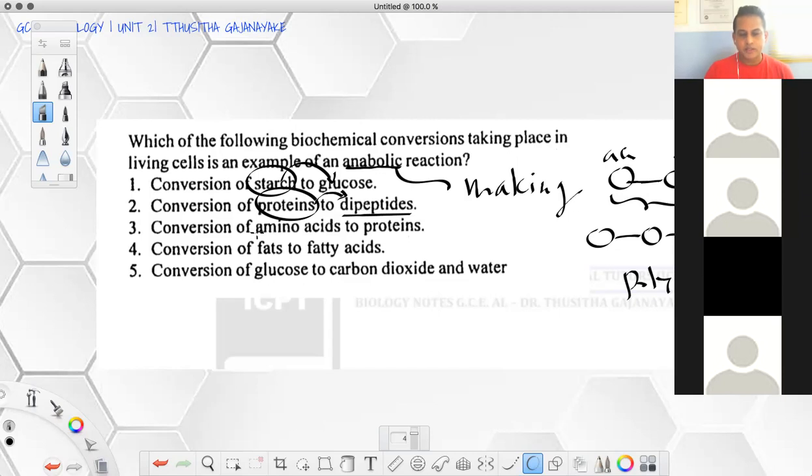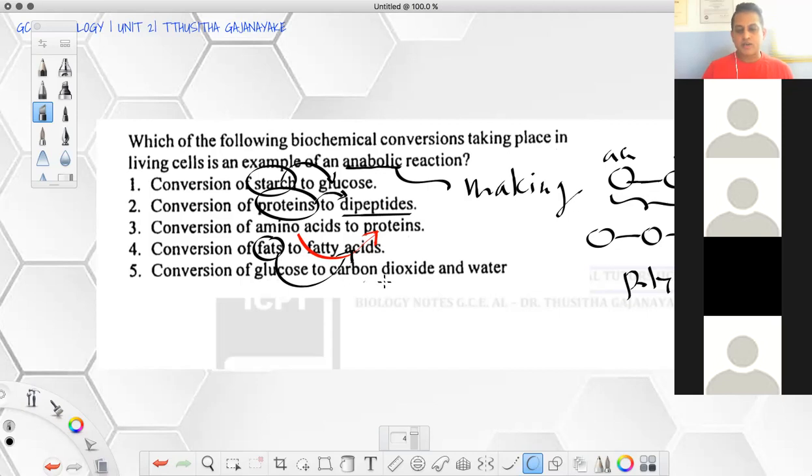Today we learned amino acids can make proteins. It's making proteins, so it's an anabolic reaction. And the conversion of fats to fatty acids: today we learned fat is made out of glycerol and fatty acids, so again it is breaking. This reaction, glucose to carbon dioxide and water, is the respiration reaction.